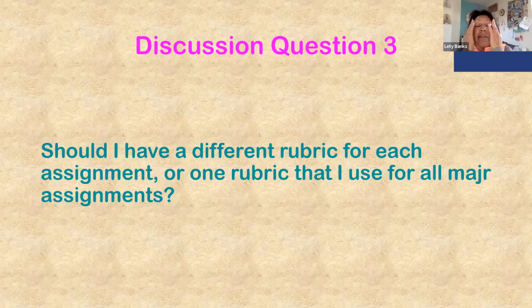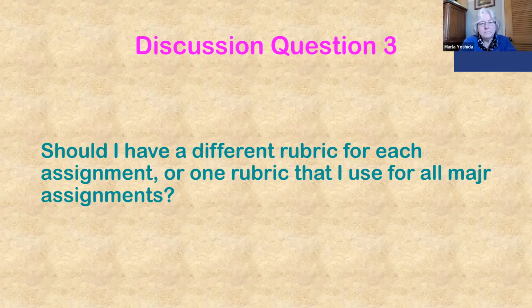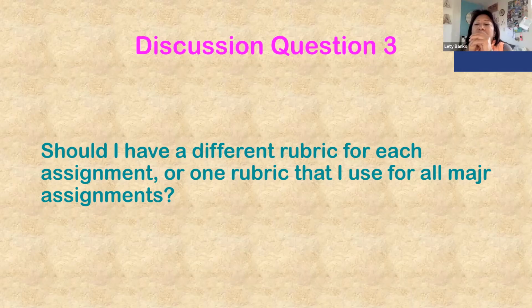Yeah, if you have different rubrics for each assignment, you may overwhelm the students with all the descriptors that you have, and you will overwhelm yourself with all the feedback you have to give. Mm-hmm. So perhaps doing a very good, solid rubric, and you can tweak it as you go along or increase it, but I wouldn't have five to start with.